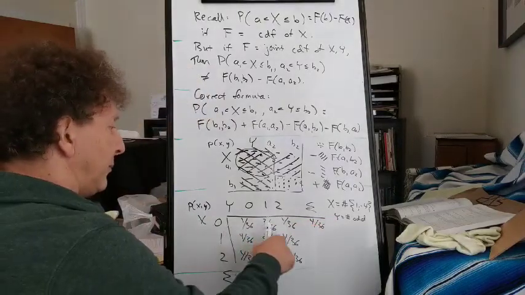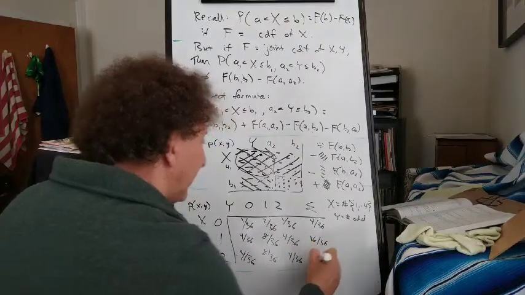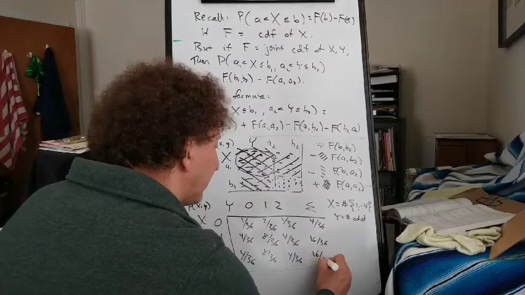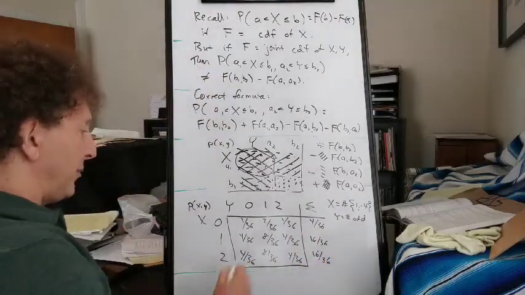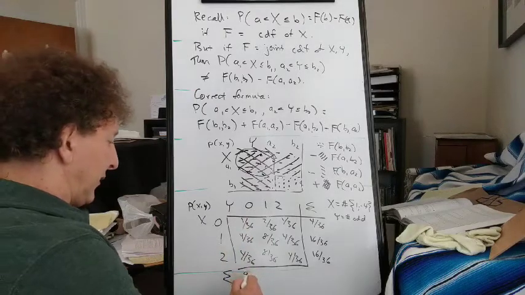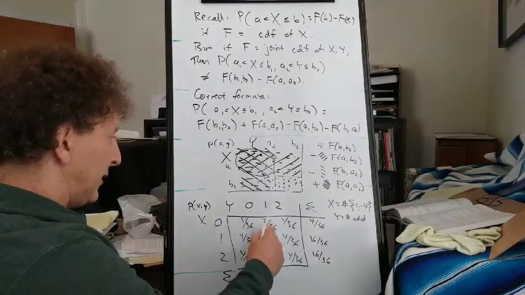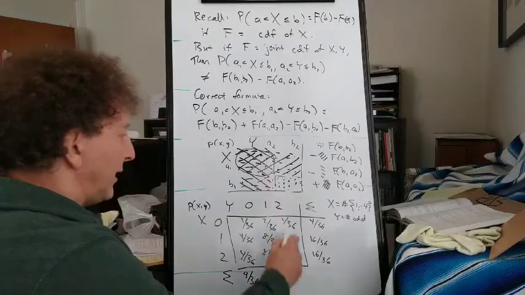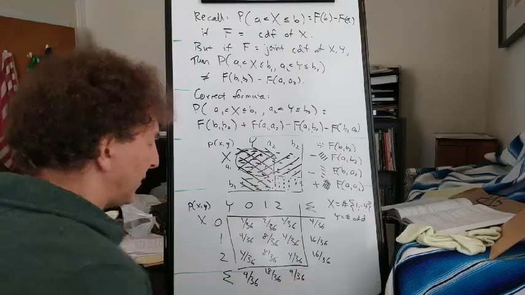And 8 plus 8 is 16/36. And again, 16/36. And then if we sum the columns, here we have 9/36. And here 10, 18/36. And here 9/36 again.